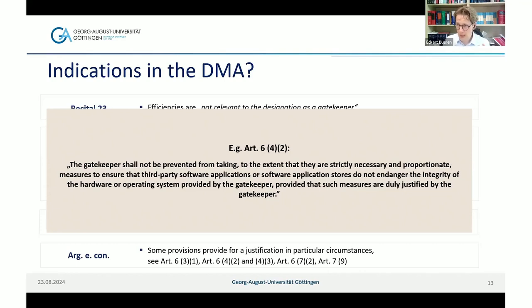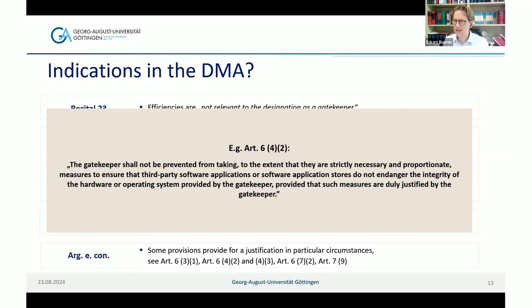So we have here a certain scenario where the European legislator has been aware of the fact that just a blunt obligation to allow vertical interoperability could have disadvantages in an individual case, and the gatekeeper is explicitly allowed to put forward that therefore it must have some measures in place that detract from full vertical interoperability.